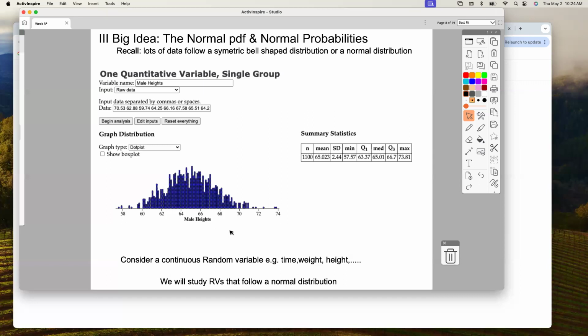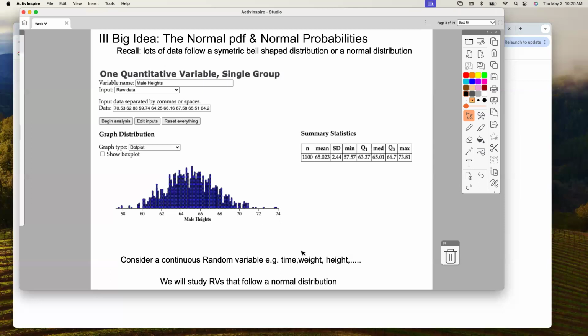So theoretically, there are infinitely many heights that we can take on. Now, usually we round that to the nearest half inch and so forth. But just to get the idea that a continuous random variable is one that can take on an infinite amount of values. And so we typically consider intervals when we're finding probabilities for those.